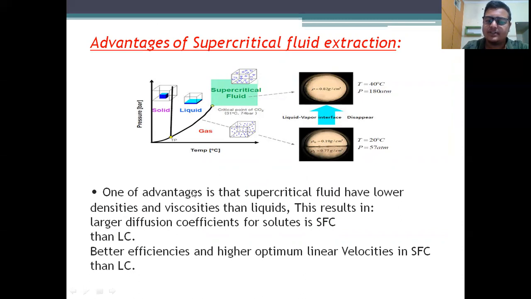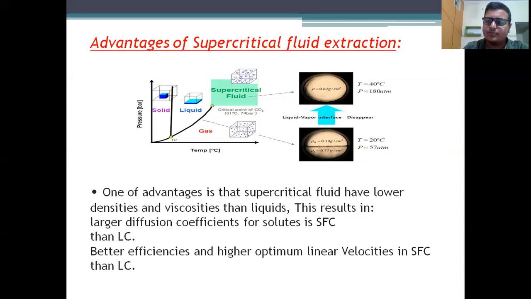One of the advantages of supercritical fluid extraction is that it has lower densities and viscosities than liquid. This results in a larger diffusion coefficient for the solutes in supercritical fluid than in liquid chromatography.